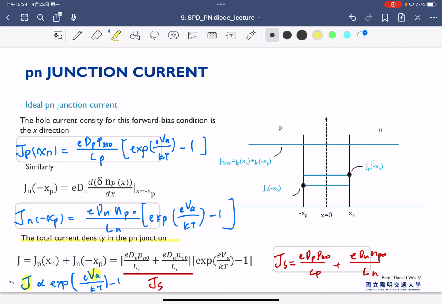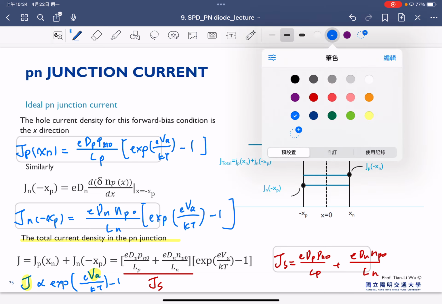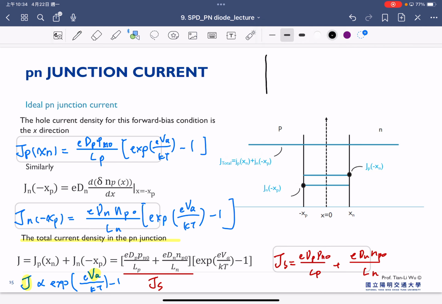So now, if you forget all this equation calculation, that is fine, but just the conclusion. It proves that our guess in the beginning of this lecture was correct. I already made a guess that the forward current should be, this is typical, the current in the diode, the anode current versus the anode voltage.